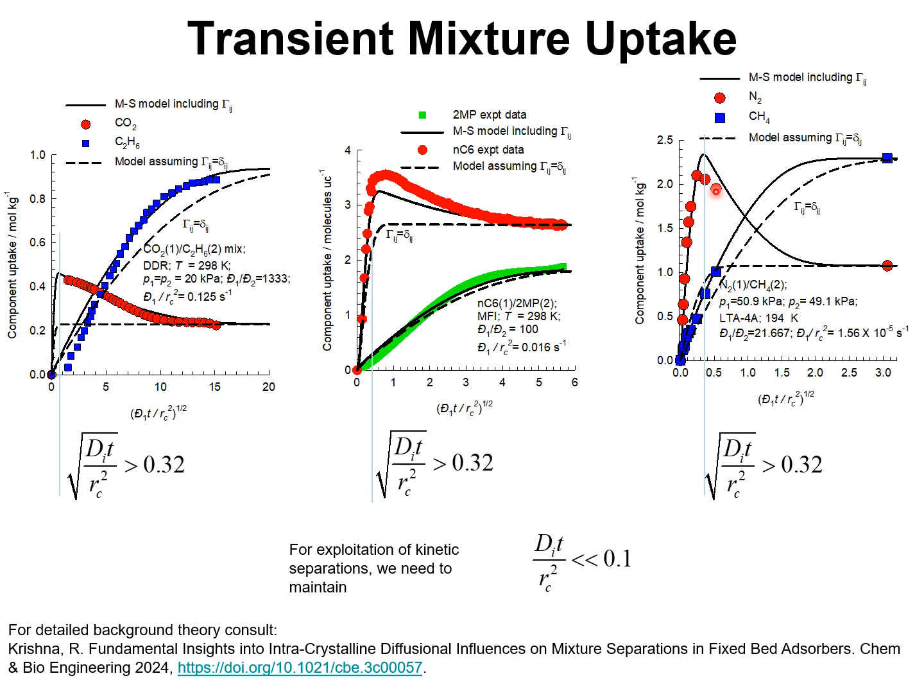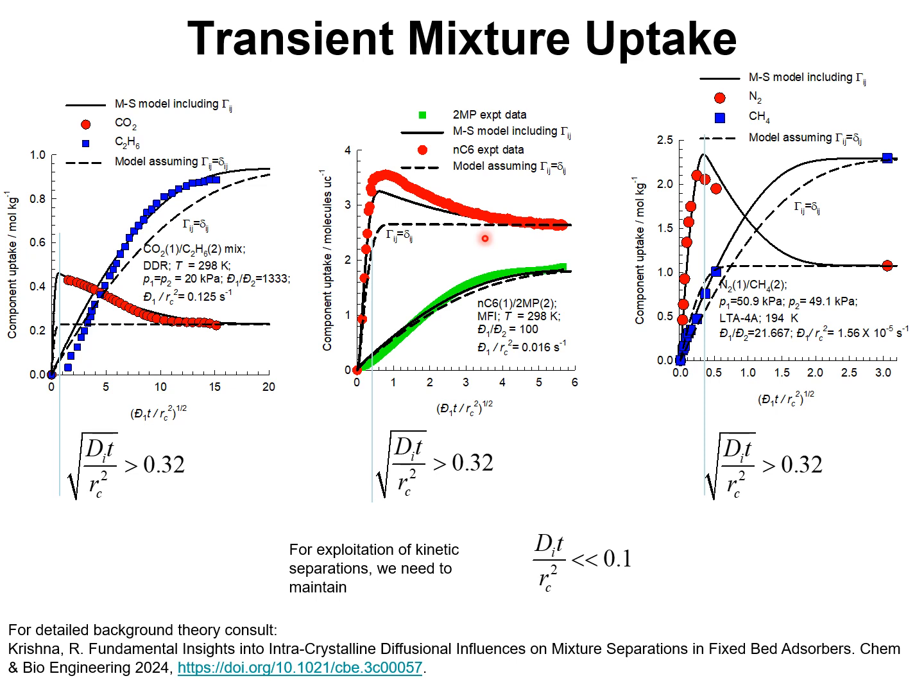Also in this case, the more mobile component is less strongly adsorbed than methane. In this case, however, the more mobile component is also the more strongly adsorbed component, and this separation is termed as synergistic kinetic separation.